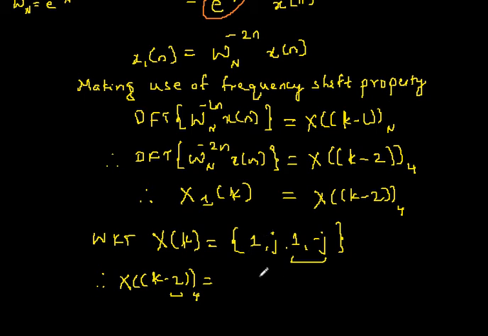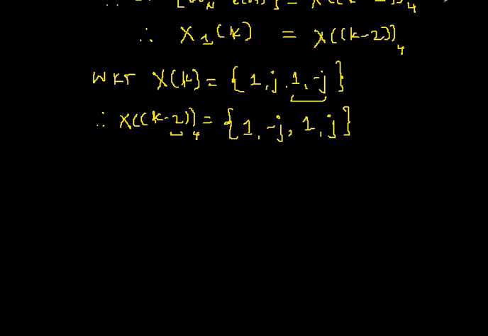That is not asked now. Whatever is being asked is only X of k minus 2. I'll consider the last two samples, which are 1 minus j, and move them to the beginning. So this is what the answer is. X1 of k is nothing but 1, minus j, 1, j. Is that okay? So moving on further, I'll consider solving the next part B.